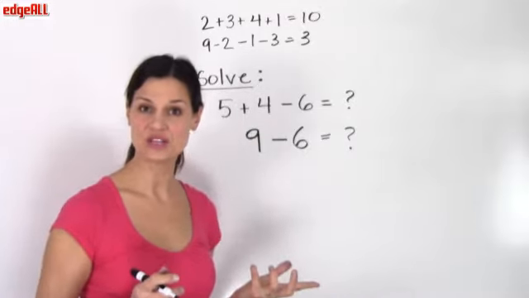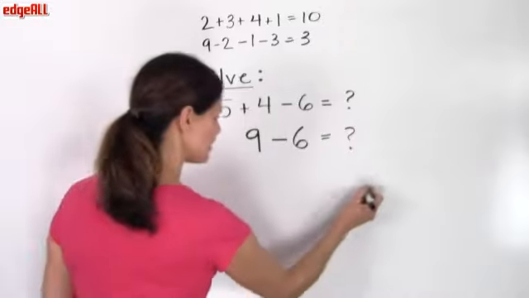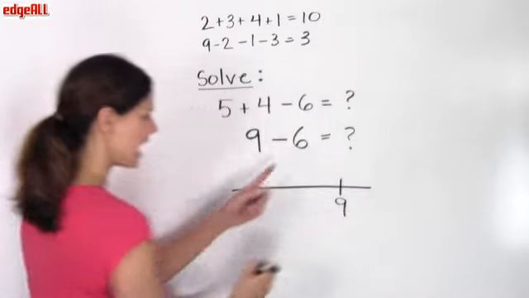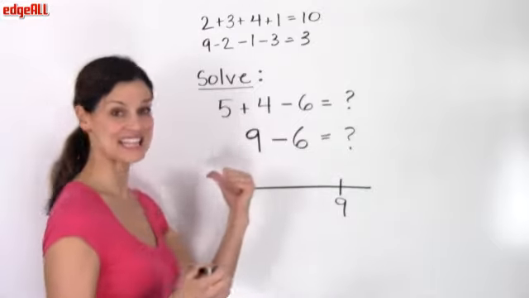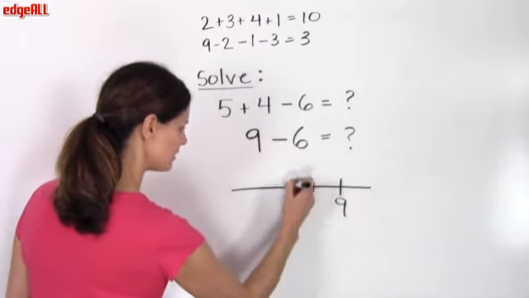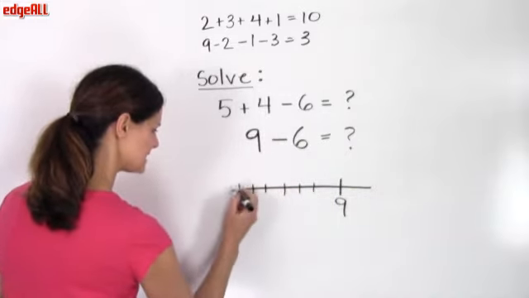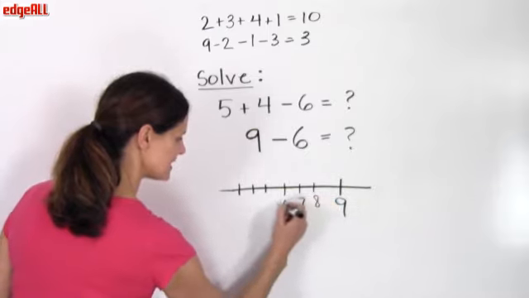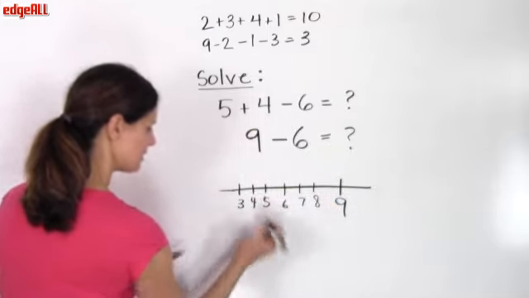If you prefer to use a number line, you could do your number line starting at 9, and then you want to go 6 to the left to subtract. So 1, 2, 3, 4, 5, 6 points to the left gives us 8, 7, 6, 5, 4, and 3.